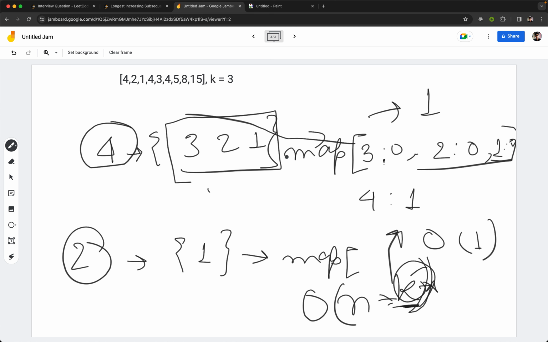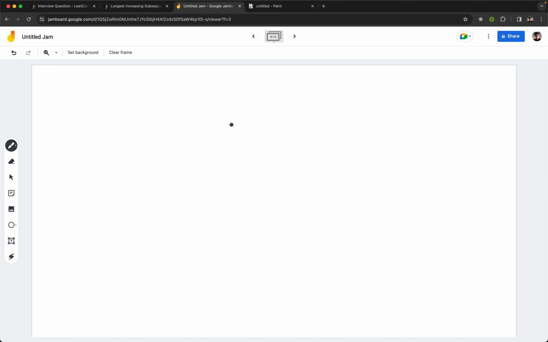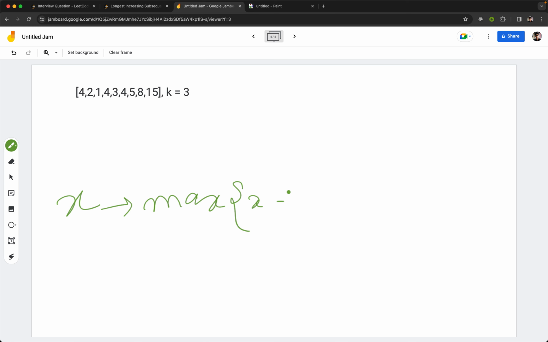Now if you observe carefully, what we were doing essentially is, let's consider this example again. It's a bit complex question, so I'll try to understand it properly. For each and every element x, we were trying to find the maximum of x minus 1, x minus 2, up to x minus k, right?